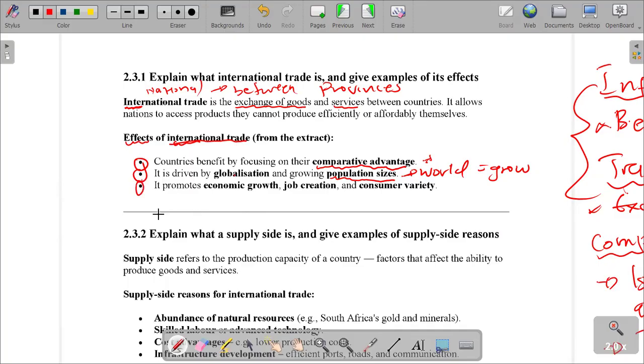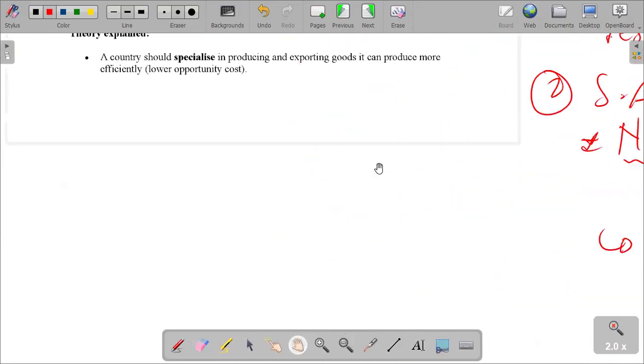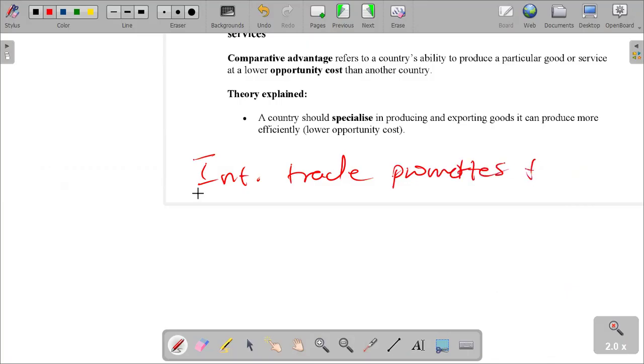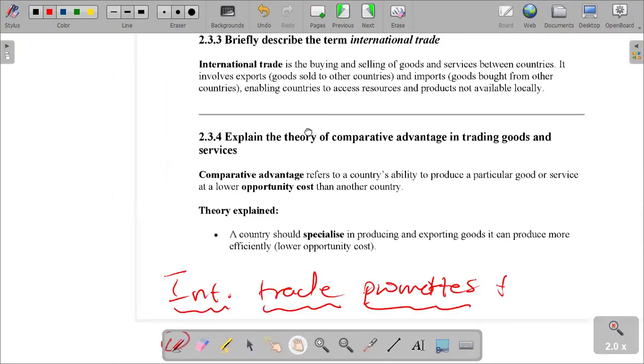And then the third one, it promotes economic growth, job creation, and consumer variety. Right? So let's just say international trade promotes one. What does it promote? Economic growth.